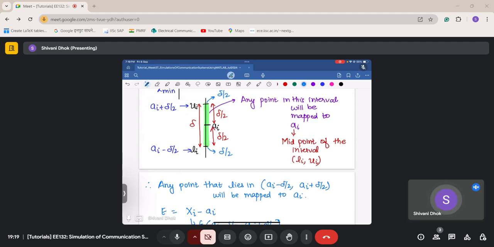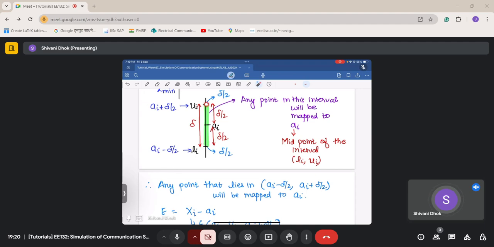Now, you are mapping any value here. If you are at this particular point, your quantization error will be this point's value minus Ai, so it will be positive. This particular thing here is Ai plus delta by 2, and this is the maximum you can map to.